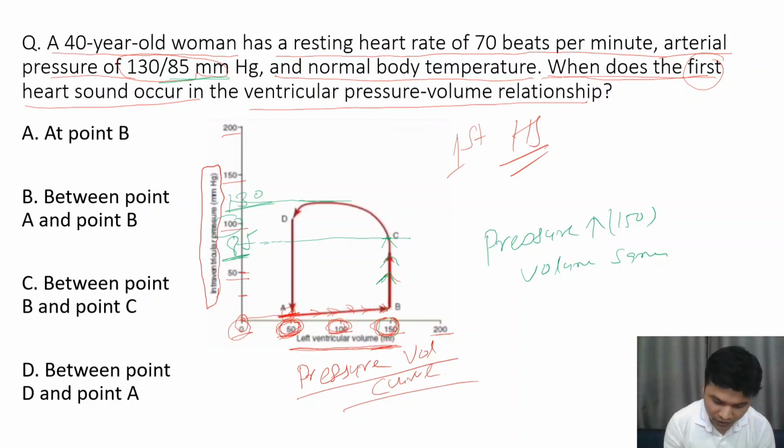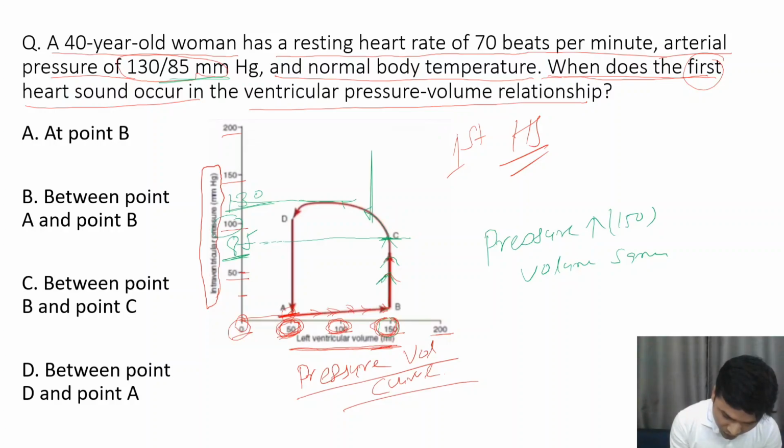So you have to reach up to that level and exceed that pressure, then only the valve between the ventricle and aorta will open, and then blood from the ventricle will go to the aorta, and then volume will start decreasing.